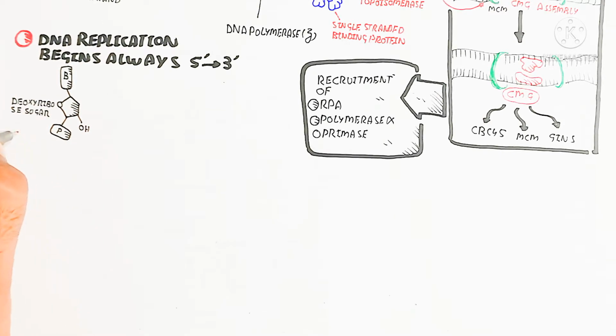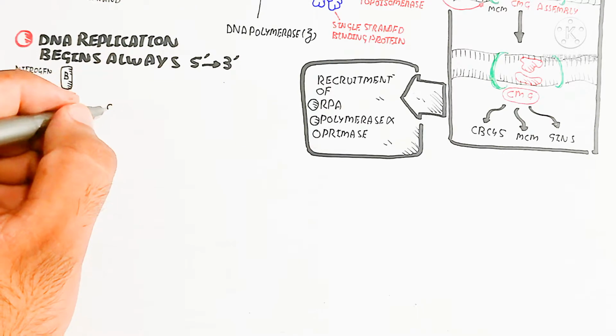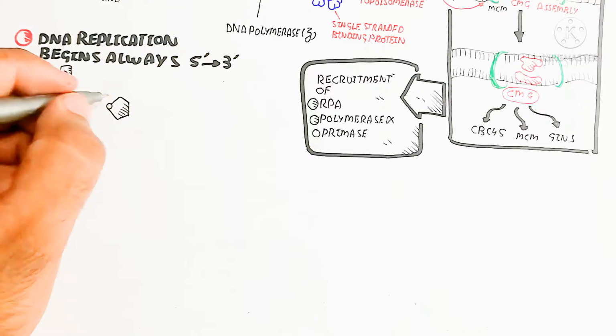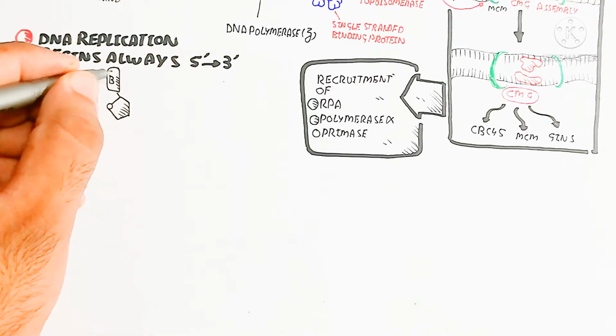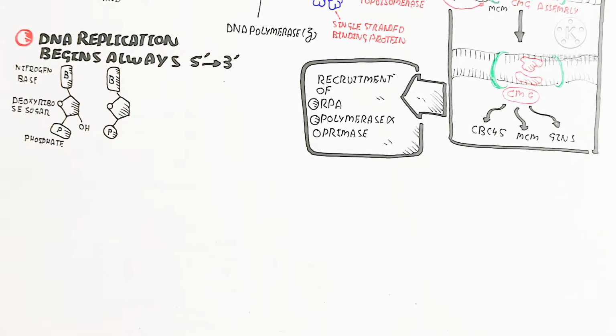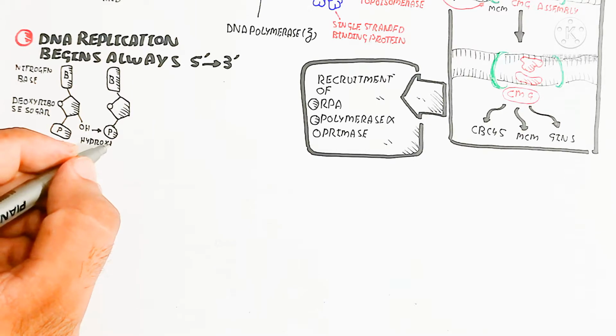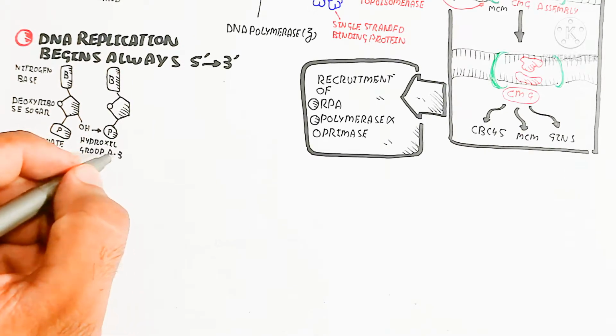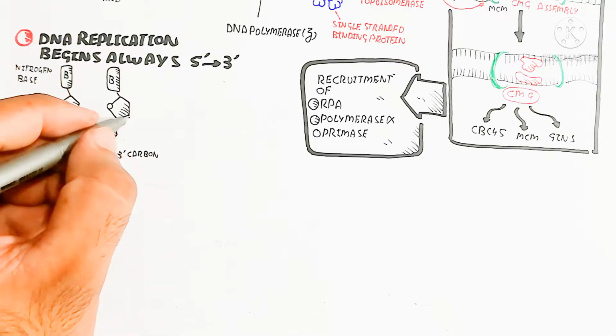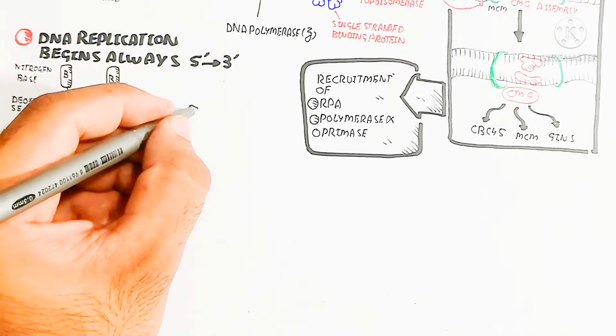Here are the nitrogen base, deoxyribose sugar and phosphate group. This is the nucleotide, and carbon number 3 contains a hydroxyl group; carbon number 3 is known as the 3 prime site.